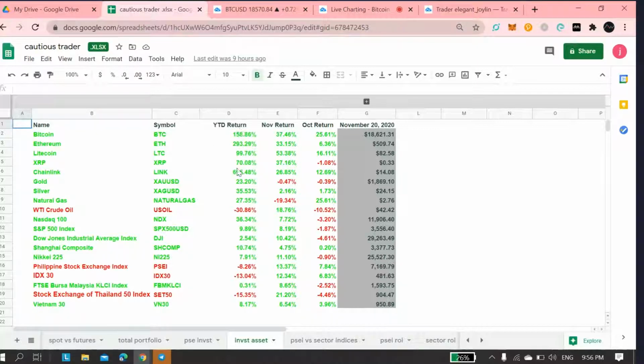This is just the top 6. Litecoin and then XRP. But XRP right now has moved higher from this, so its year-to-date return is much higher now. And then gold is also performing better, and Nasdaq. I think that's the outlier here, and the global asset. Actually, I'm mostly trading cryptocurrencies.